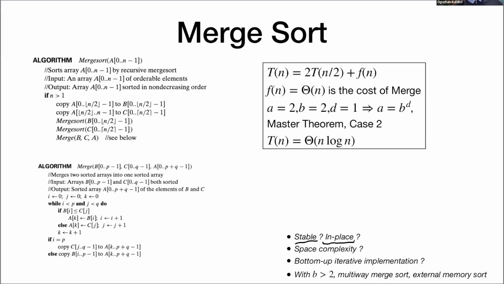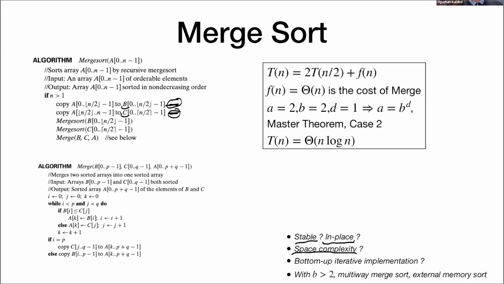Particularly for sorting algorithms, in place means I will not need extra space. Whatever I do, I will do it on the input array, which is not the case for merge sort, because you see, you copy the left partition and right partition to separate arrays. So in terms of space complexity, you are using more space.